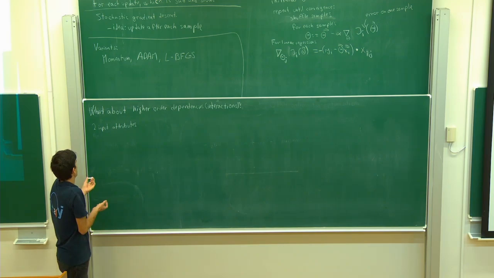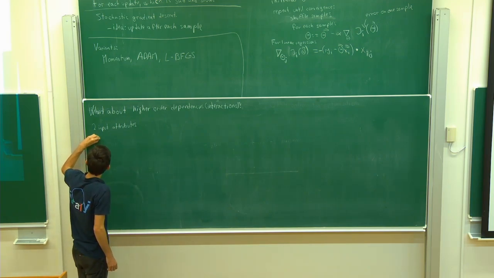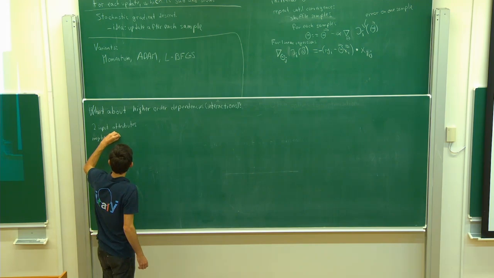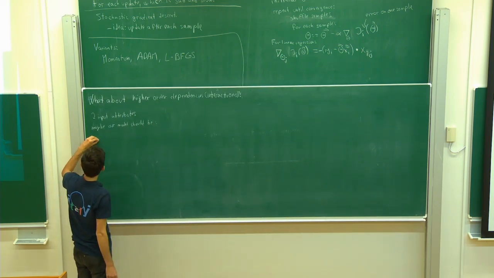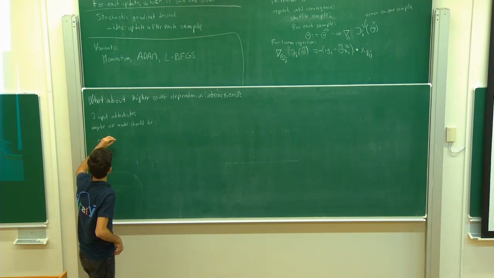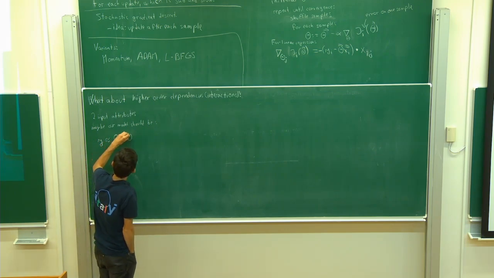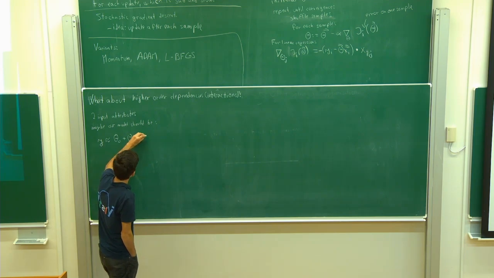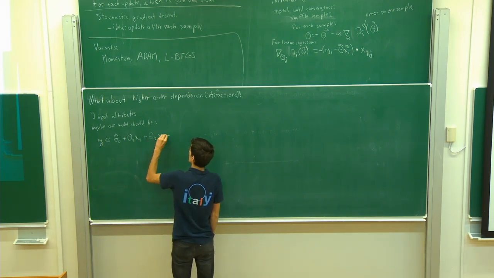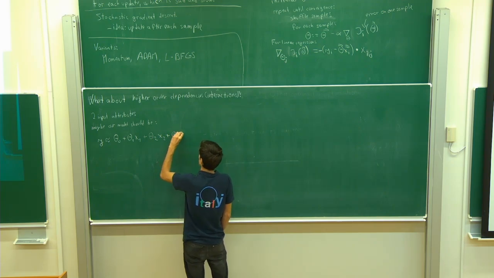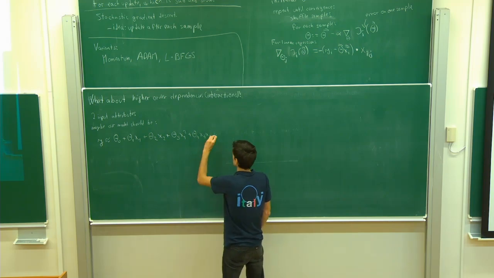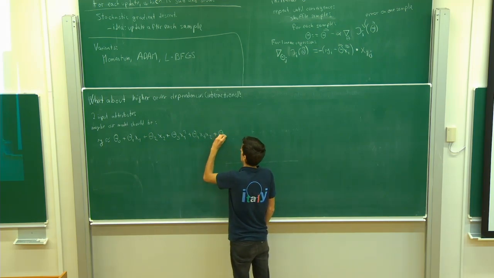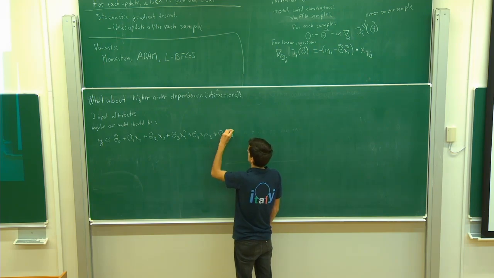Maybe our model should look like this: y is theta 0 plus theta 1 times x1 plus theta 2 times x2 plus theta 3 times x1 squared plus theta 4 times x1 times x2 plus theta 5 times x2 squared.